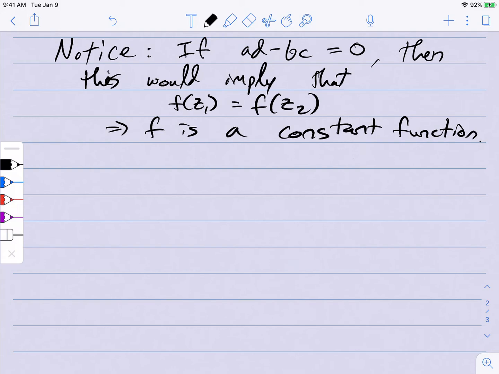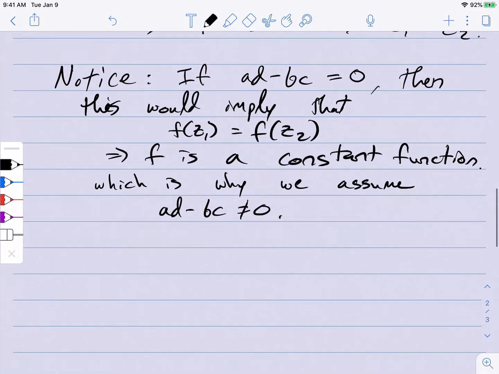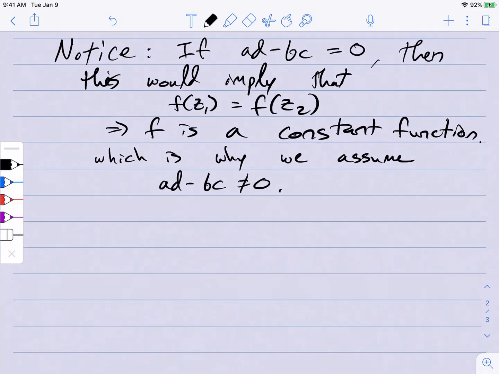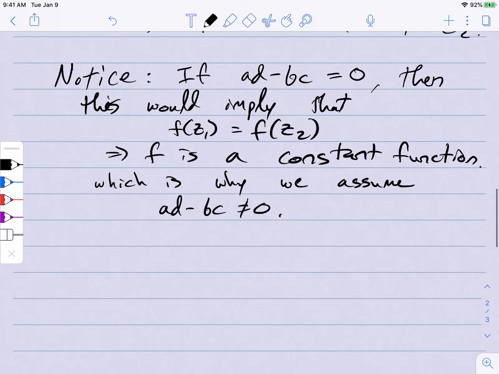So that's why we always assume that a d minus b c does not equal 0. Okay, so these functions are injective, and actually what you might ask is, okay, if it's a constant function, what's its value?